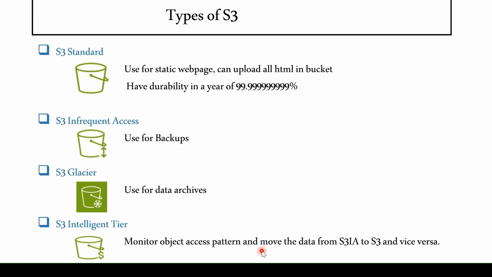If we have a huge amount of data and cannot identify which data we use almost every day and which we access very rarely, we can use this Intelligent Tiering service. It will observe your access pattern, and based on that it will move the data to another storage class. For example, if the data is in Standard, it will move to Infrequent Access, and if we are using data from Infrequent Access almost regularly, it will place that into Standard.